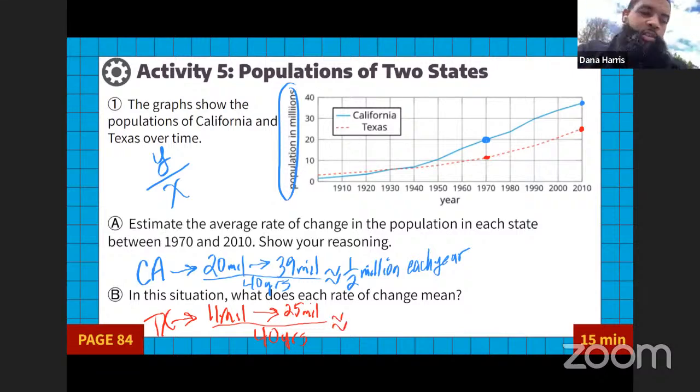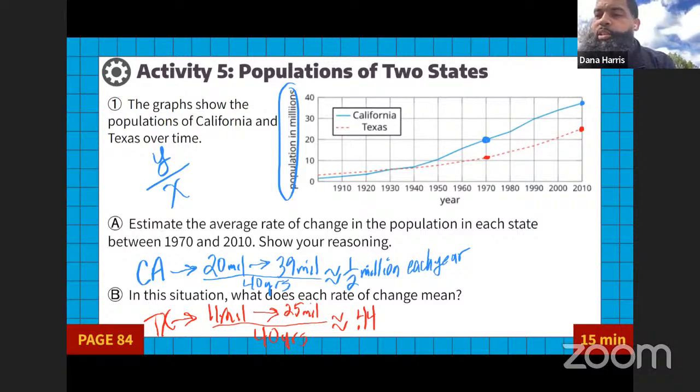So let's do some calculations. Let's see what 11 out of 25 is. And 11 out of 25 is roughly 44.44. So about 45, less than 500,000, which we can make as a fraction.